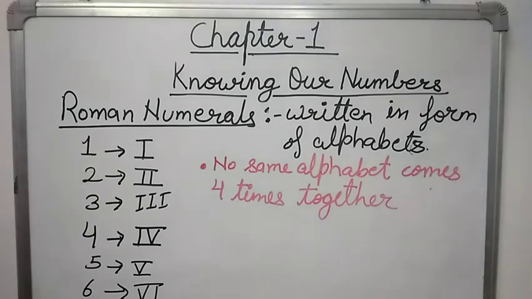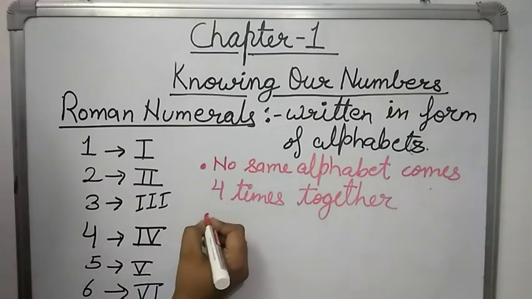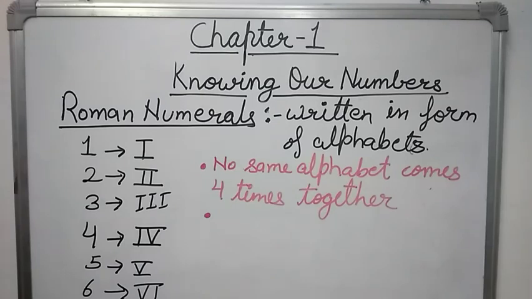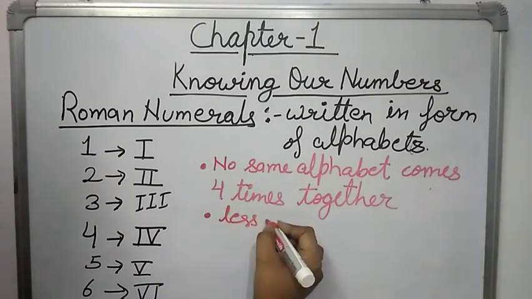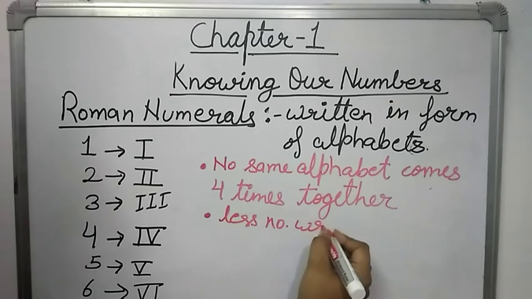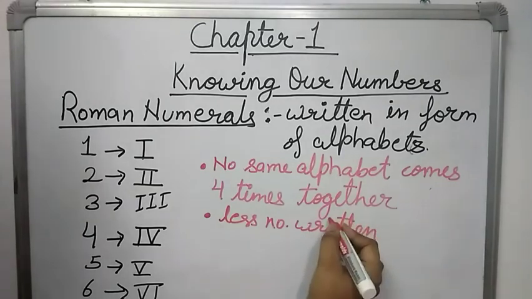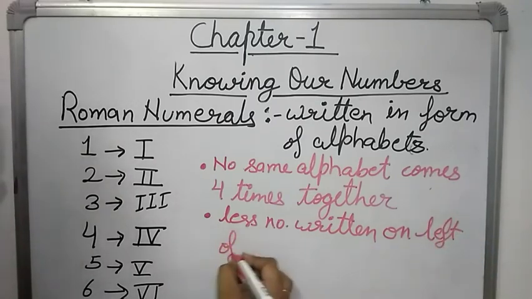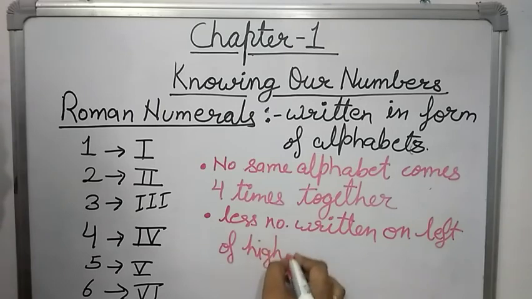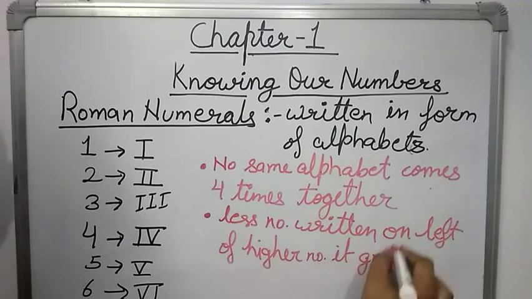Second point, any Roman numeral less than the other one, when written at the left hand side, gets subtracted. Less number written on left of higher number gets subtracted.